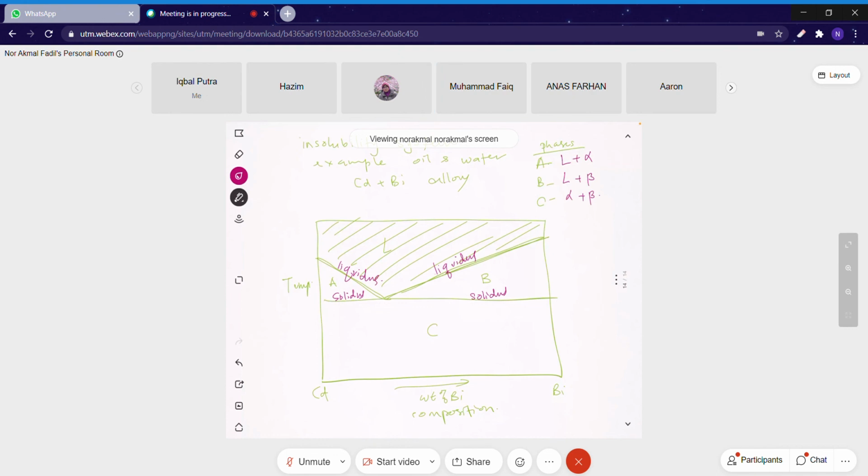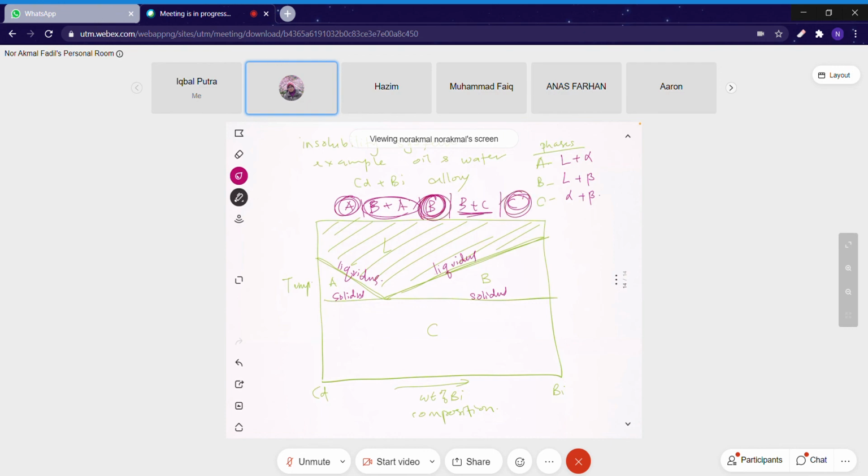Alpha from cadmium. So where's the region of alpha? Because just now I explained that when we arrange the phases, it contains a single phase of A, and then A plus B, and then B, and then B plus C, and then C. Single, single, single. This one is a mixture between the left and the right.